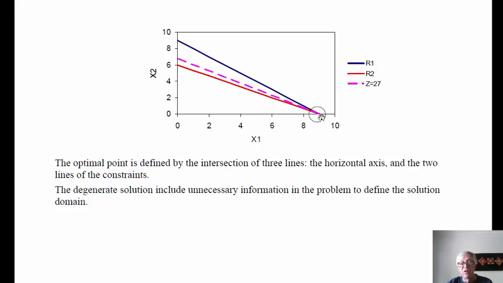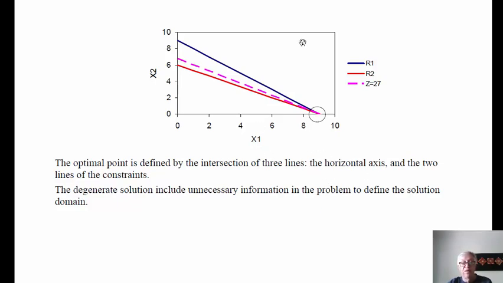So we have 3 lines that define this point. But in 2 dimensions, we just need 2 lines to define a point. So we conclude that we have more information in our problem than necessary to define the solution domain.